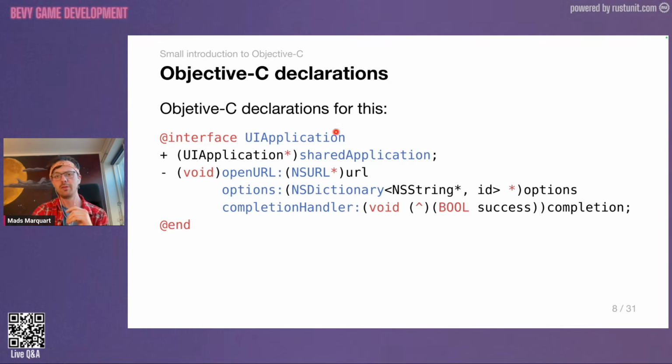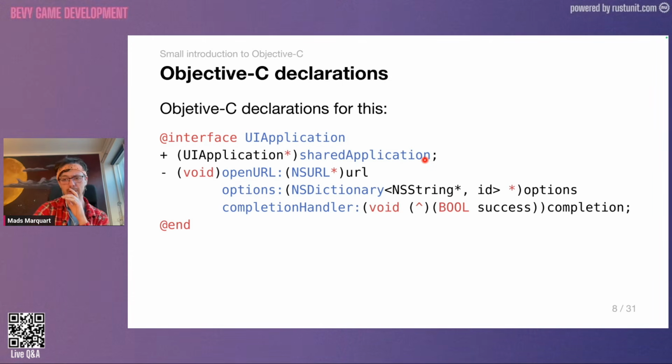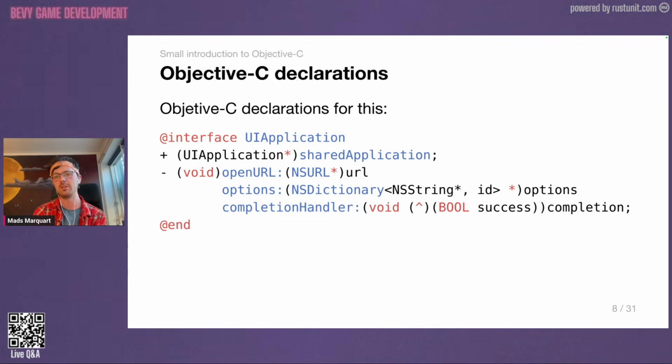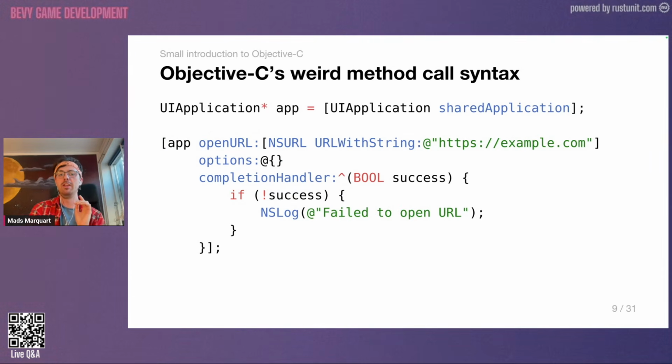You have this interface, and then UIApplication, which is a class, and then you have an initializer method, which gets the application, and then you can call a method on the application to open a URL. And you don't need to know too much about this. I mostly want to show you the way that we use this.